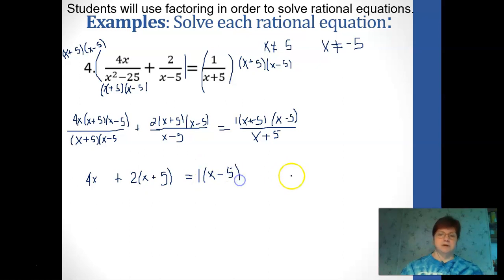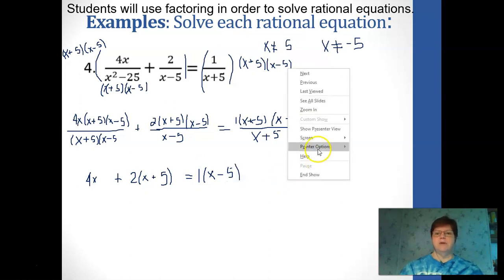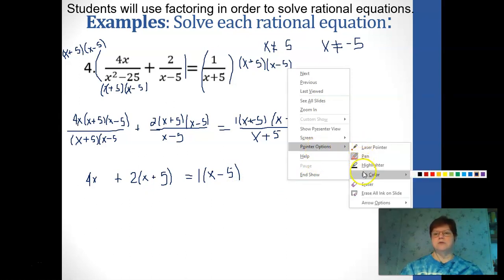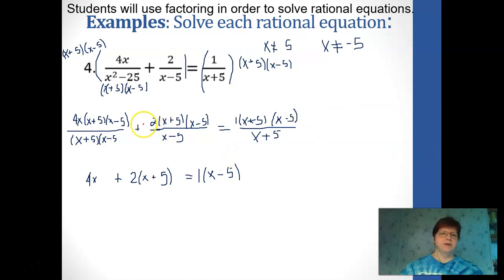Now, for those of you that are back here with me, if we go back and we look here, how did we get from here to here? Well, remember, we're simplifying. So the x plus 5's canceled, the x minus 5's canceled.